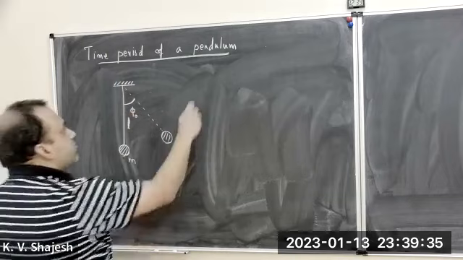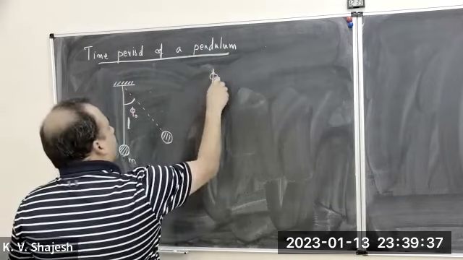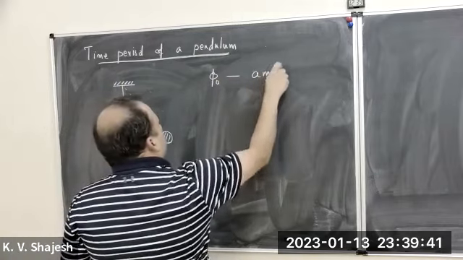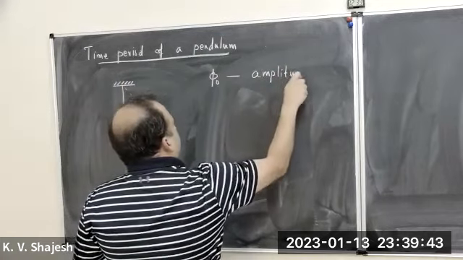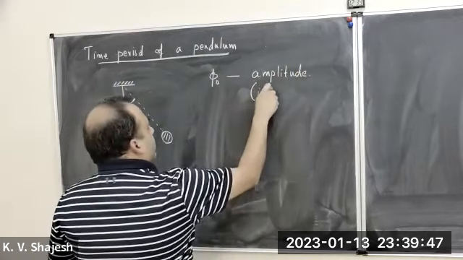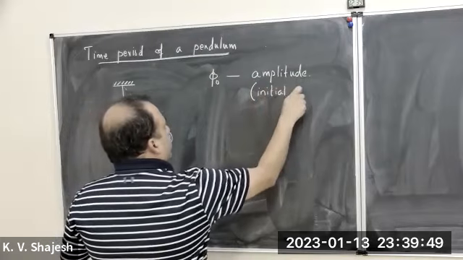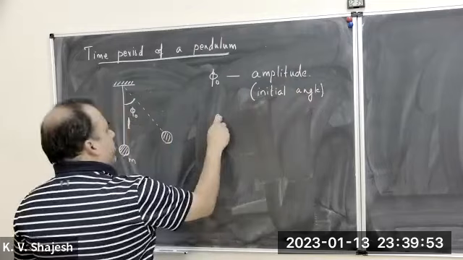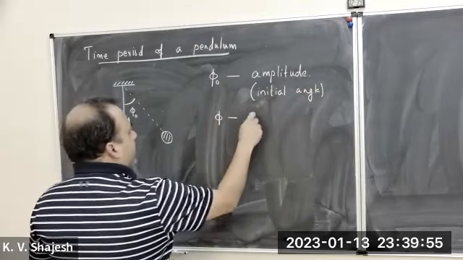So this is the amplitude, that means the initial angle. This should be differentiated from phi, which is the angle itself.